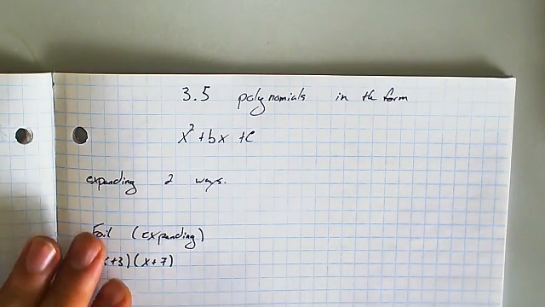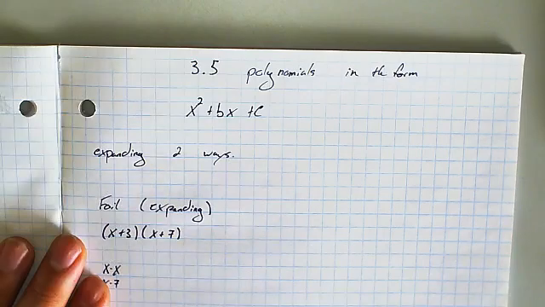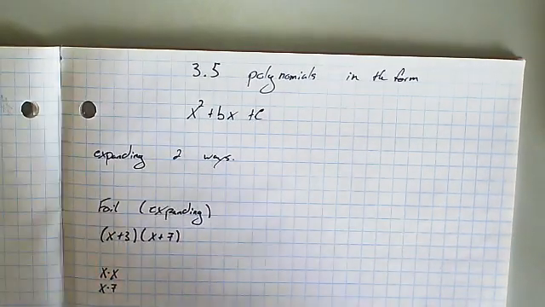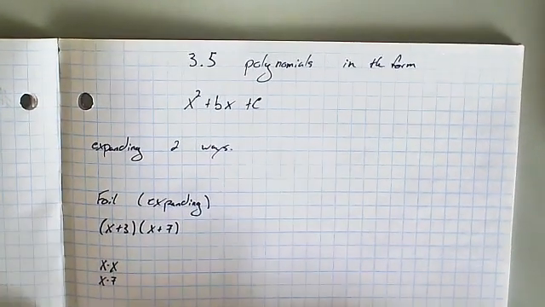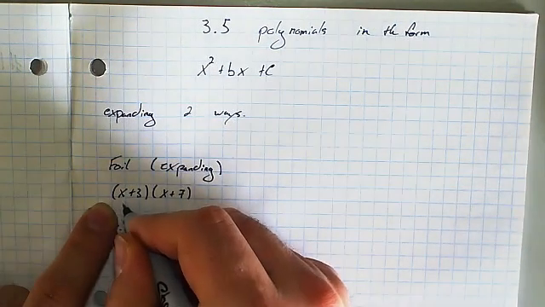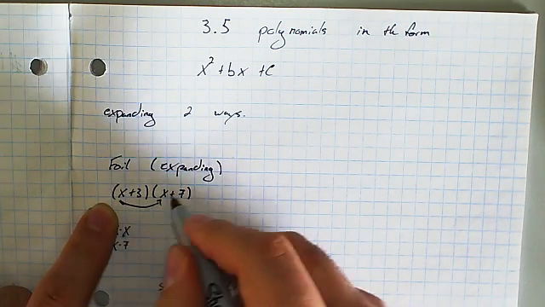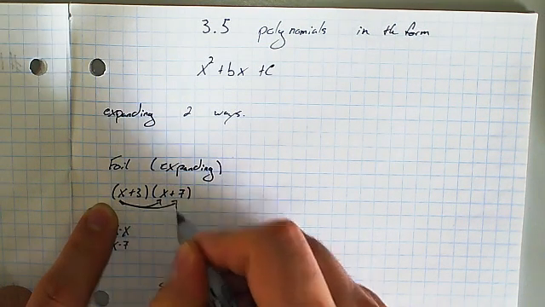There's two ways you were probably taught this in grade 9. One of them is FOIL, which is first, outside, inside, last, whatever you want to remember. I just call it expanding. Basically, you take your first term and multiply it by every term in that second bracket. So x times x, and then x times 7.